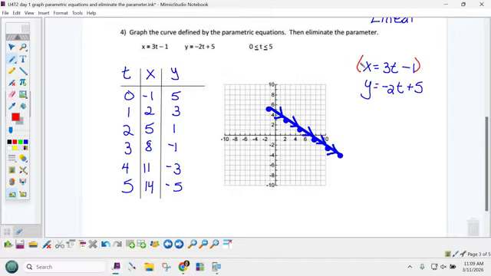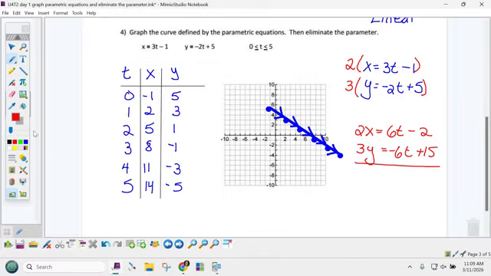So if I make my top equation times 2 and my bottom equation times 3, remember you have to multiply every single term. Now I'm going to add them together. 2x plus 3y equals 13.